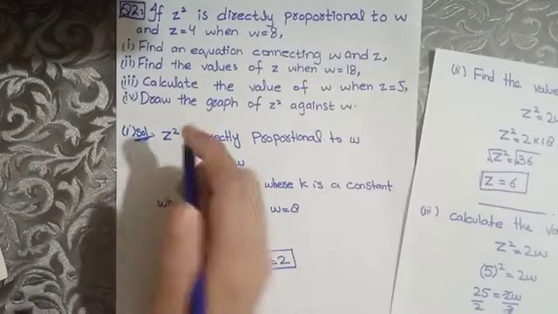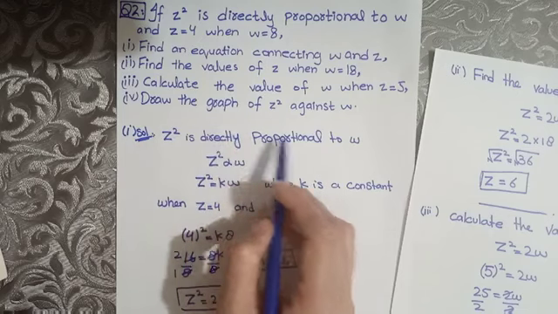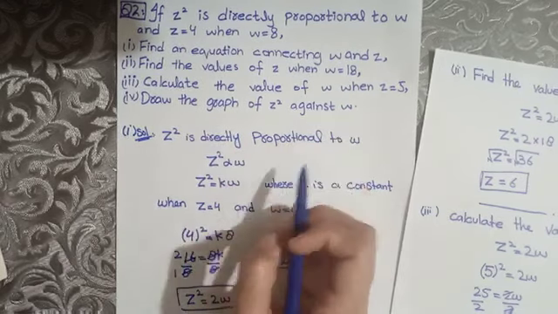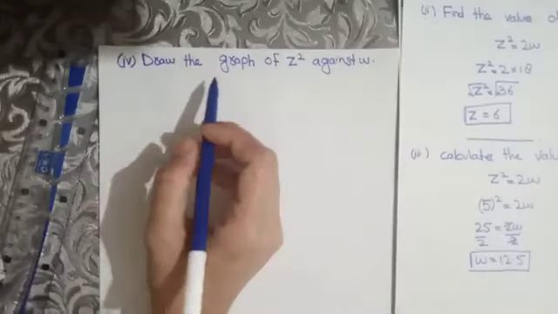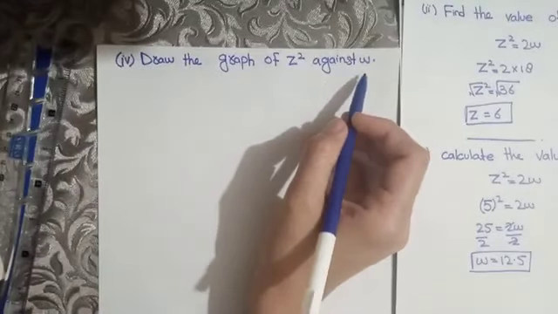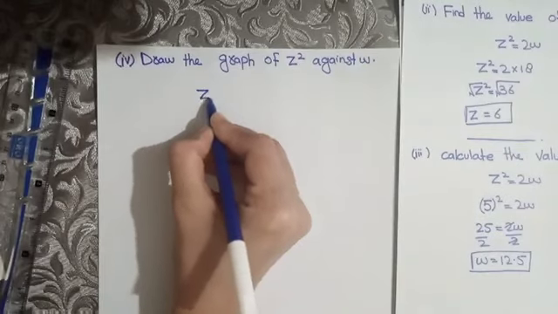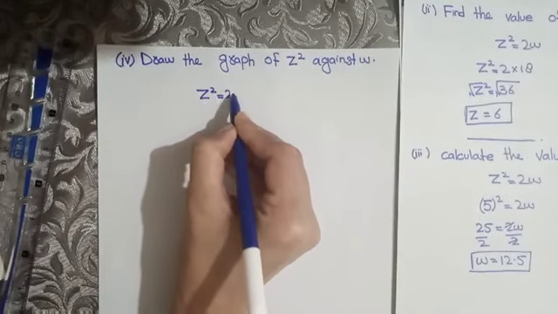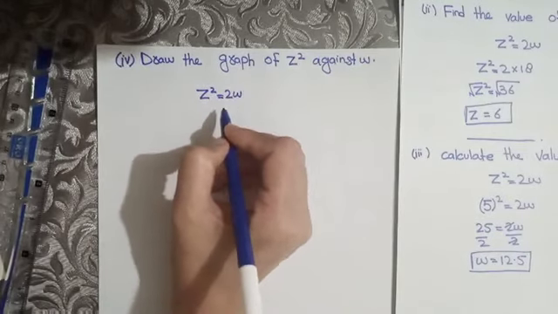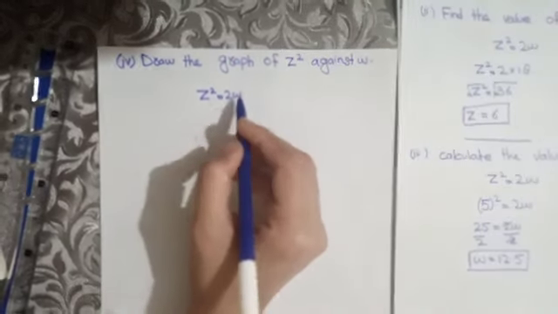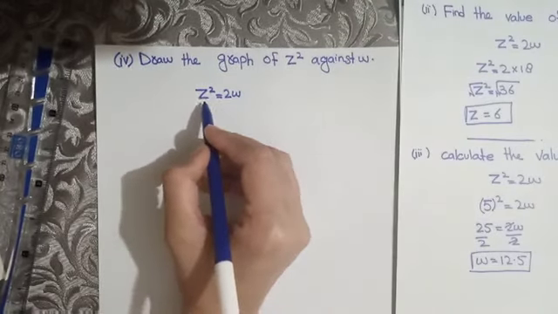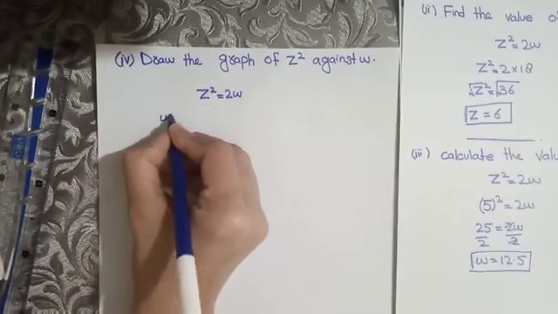Fourth part of this question, draw the graph of z square against w. We will use the same equation, z square is equal to 2w. Here we will put in values of w, then we get the values of z square.